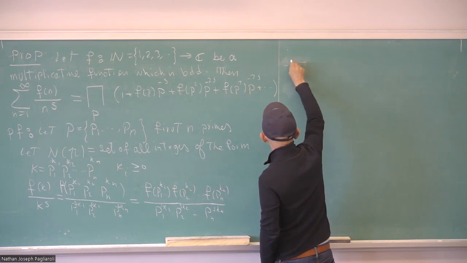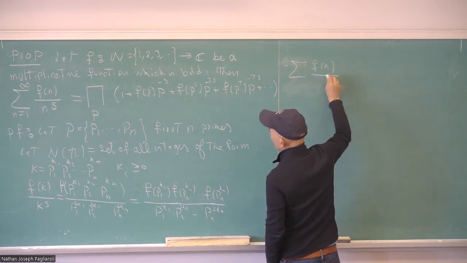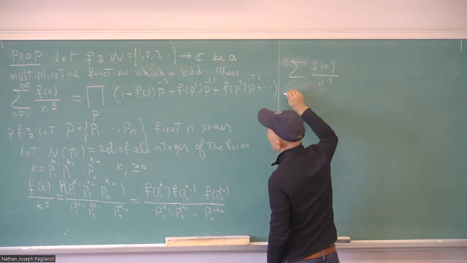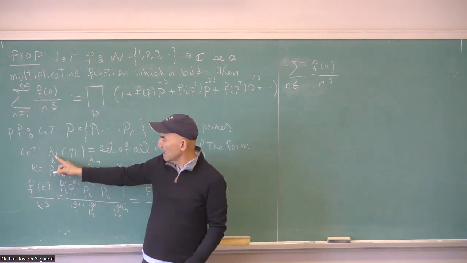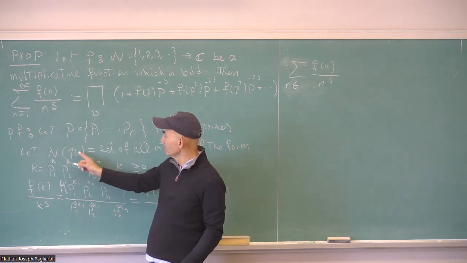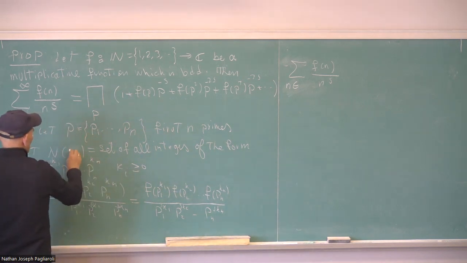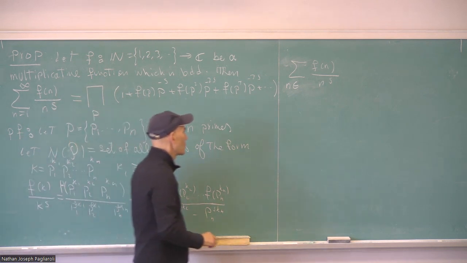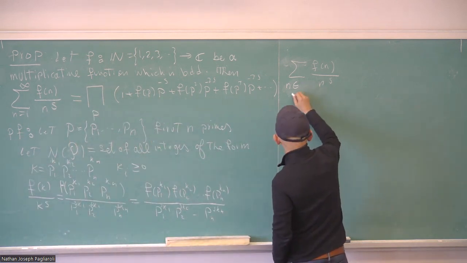So I get partially the left-hand side, the sum of f(n) over n^s with n belonging to N(E), where E is the set of primes.